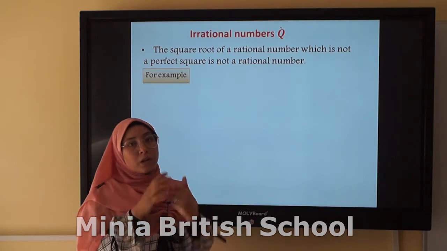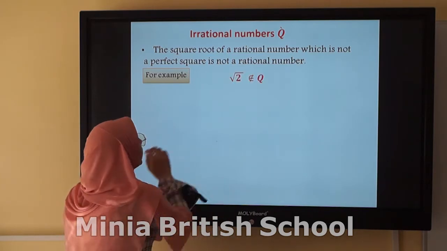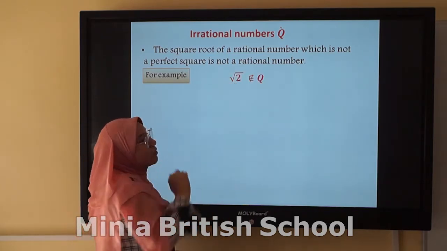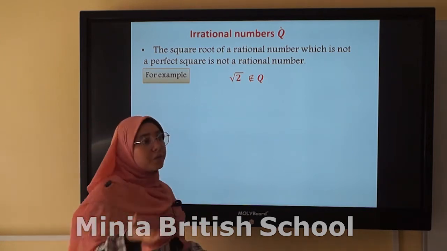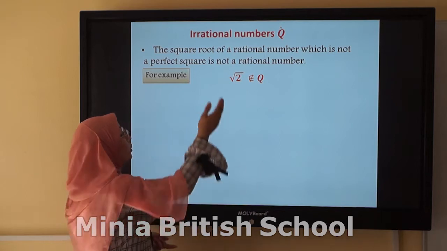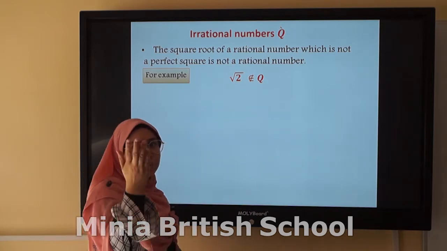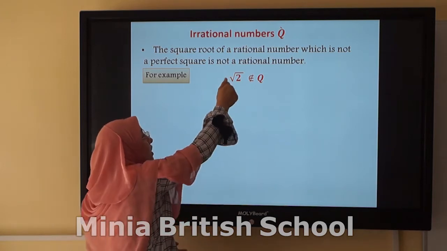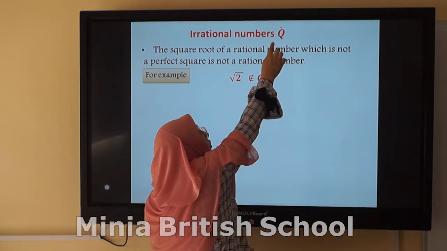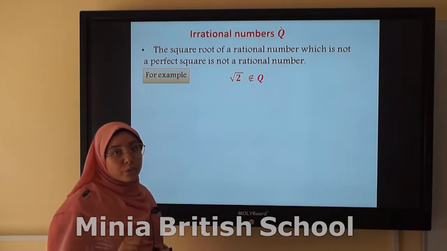For example, root 2. 2 here is not a perfect square. So root 2 does not belong to the rational numbers. So root 2 belongs to Q dash, the irrational numbers.